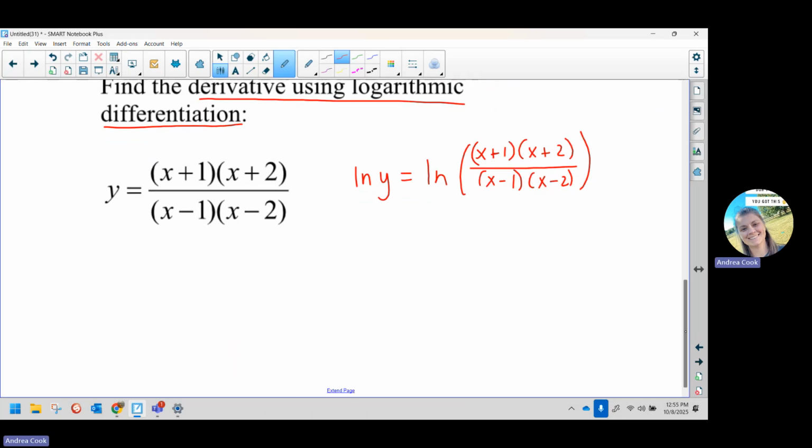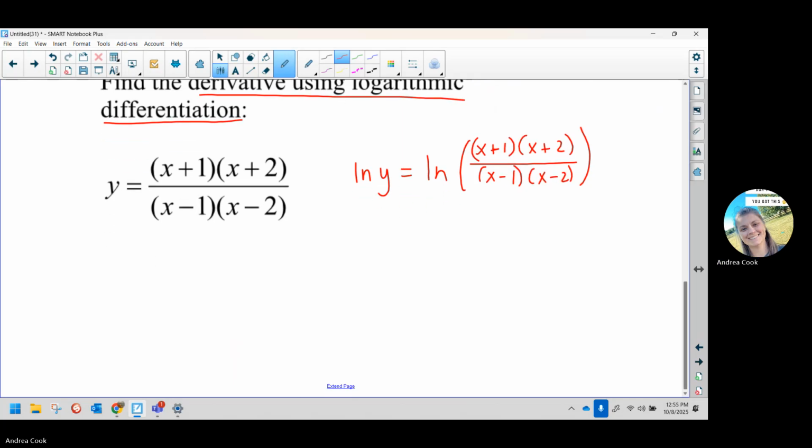So I'm going to put it underneath here. ln y, and I'm going to expand the right side. So that's going to be ln(x plus 1) plus ln(x plus 2) minus ln(x minus 1).